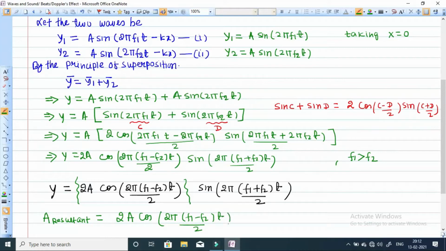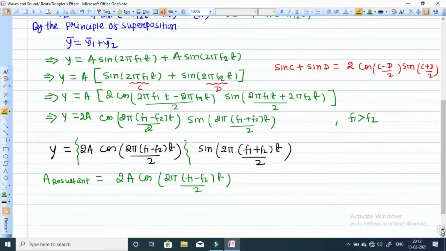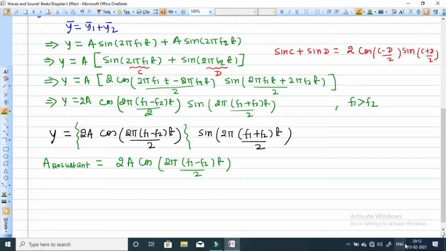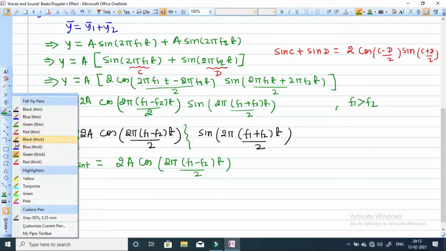And clearly you can see that this amplitude is a function of time. With time this amplitude will change. Obviously it will get its maximum value and its minimum value. Now what will be the time duration between these two values? We can calculate. Now the new term is here. What will be the time for one bit?